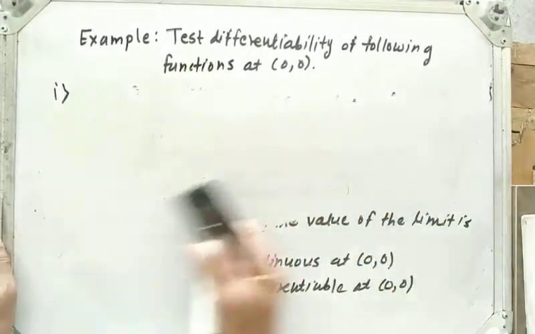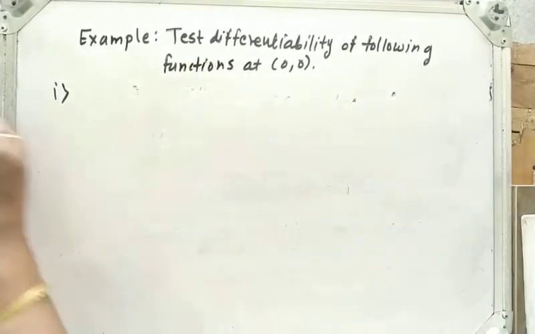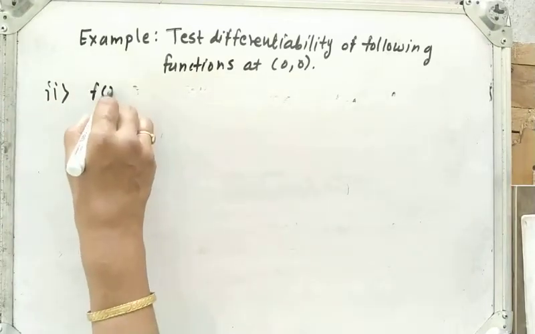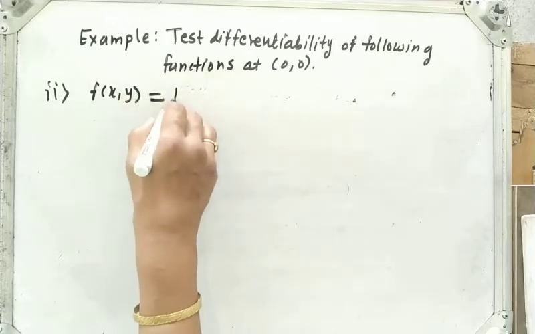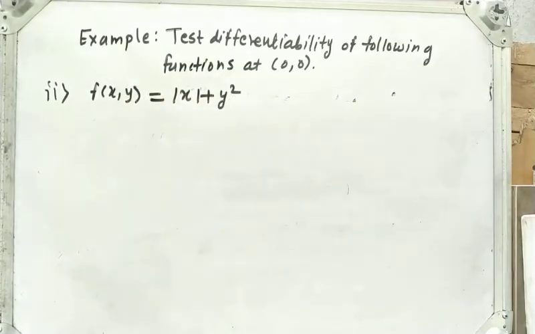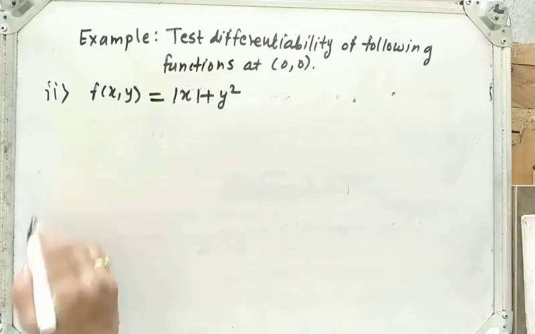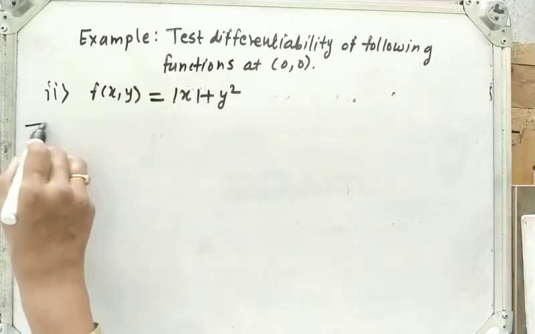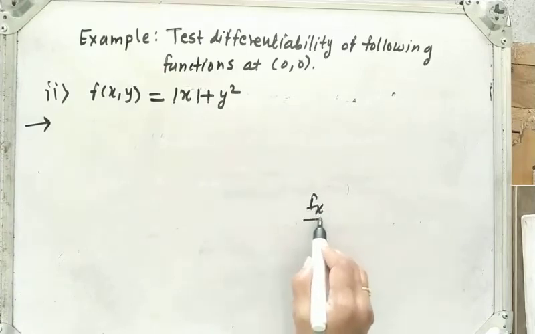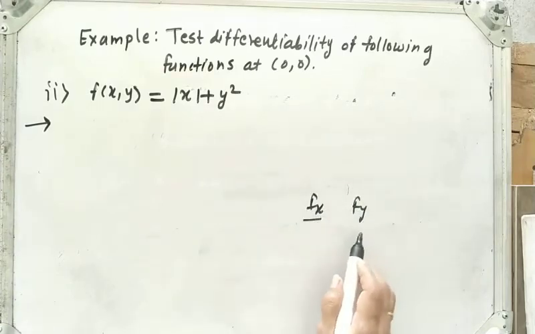Second example is f(x, y) equal to mod x plus y squared. Now we have seen in the note, if the first partial derivatives fx or fy does not exist, then we can say that function is not differentiable.